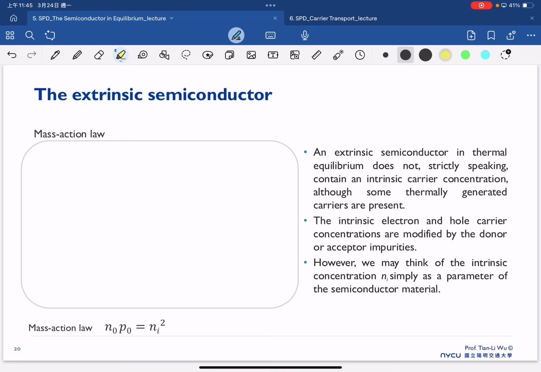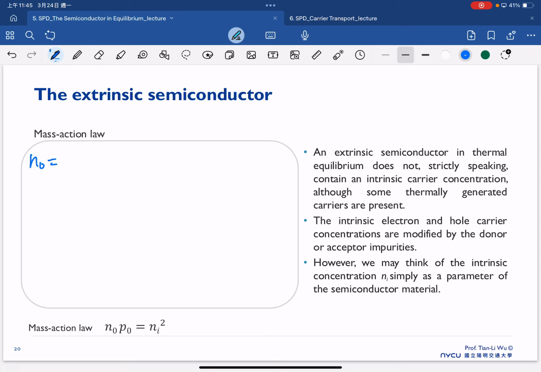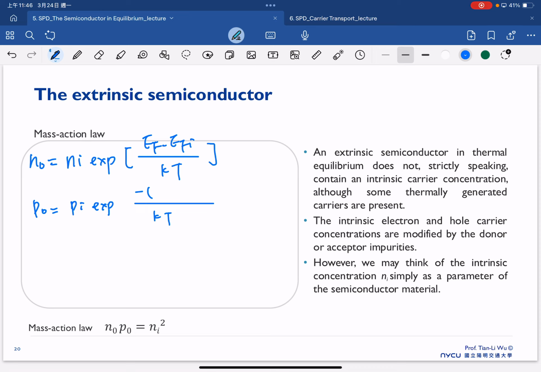As we already have, N0 is equal to Ni exponential EF minus EFI over KT, and P0 is equal to Pi exponential KT EF minus EFI.